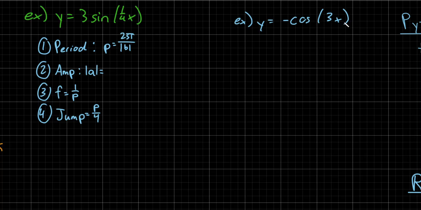It's negative 1, and the absolute value of negative 1 is 1, right? It's 1 over p. But then you said it's 5 over 2. What's 1 over 2 pi over 3? Can this go fast?